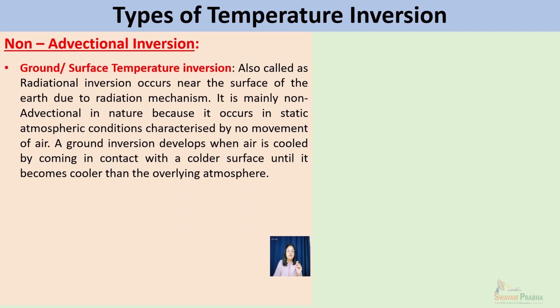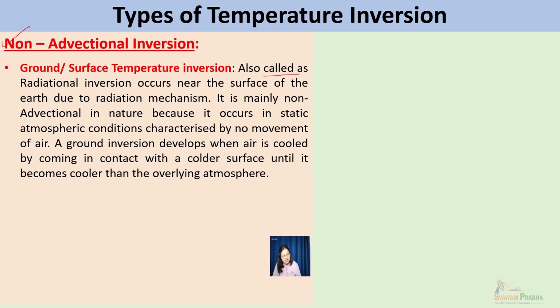First category under the types of temperature inversion was non-advectional temperature inversion. When under certain atmospheric conditions, the movement of air is hindered, it is slowed down, it is stable, it leads to temperature inversion. The stability of air leads to temperature inversion.